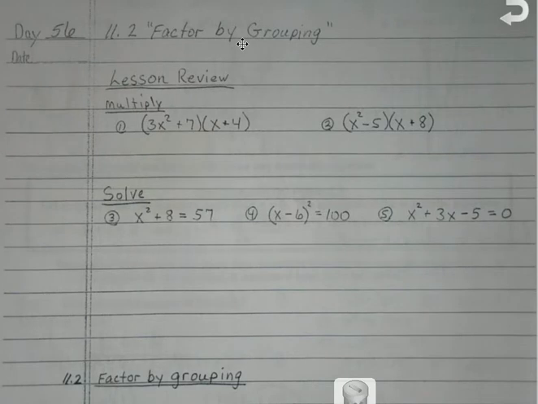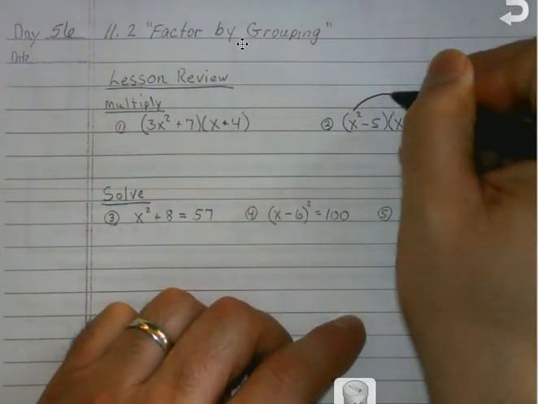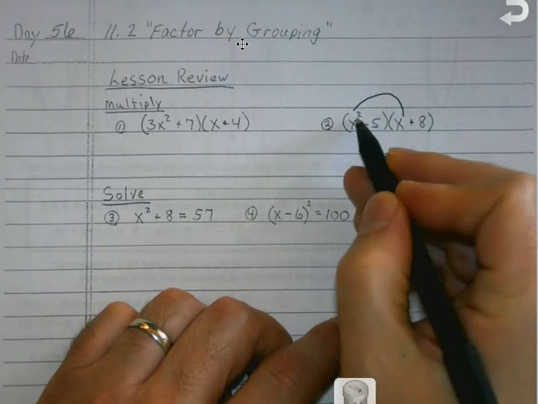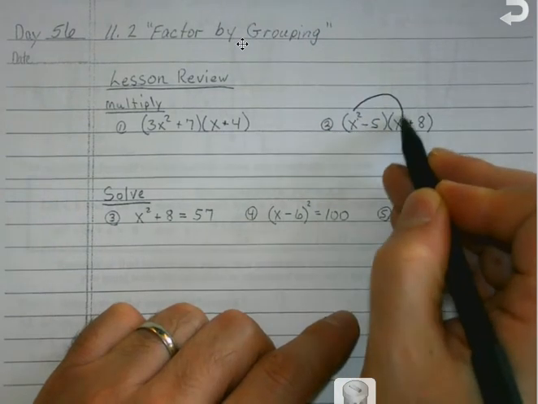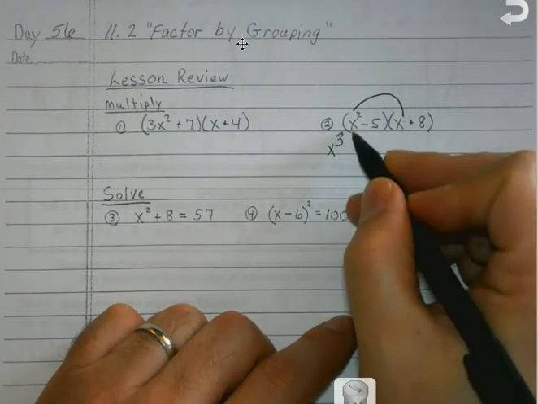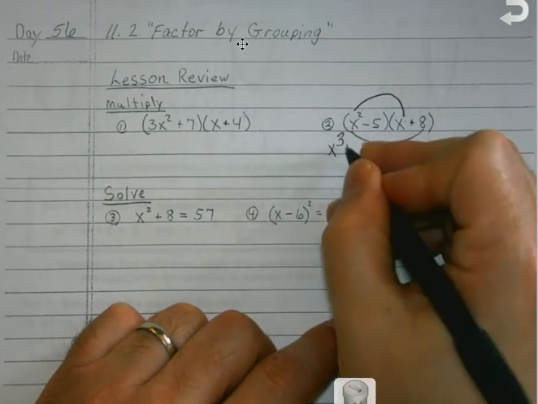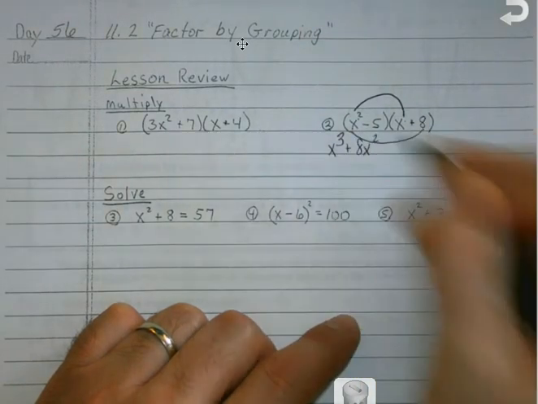Here's the kicker with this. Multiply, we've done this two ways. We've done it one way where we just do the lines like you do traditionally, where you say, okay, the first ones, x squared next to the first, I add my exponents, okay, x to the third. And then I do the outer ones, x squared times 8 is 8x squared.